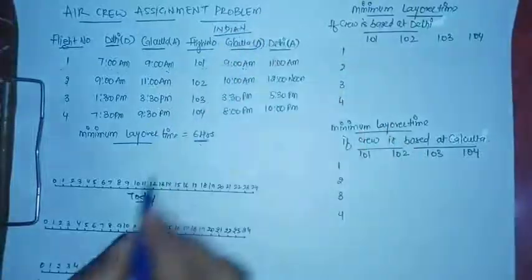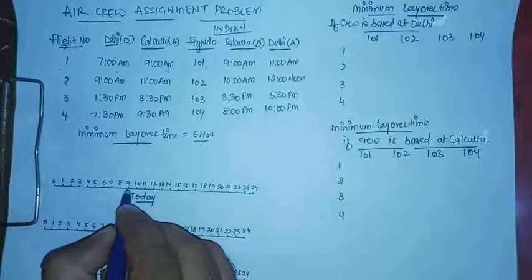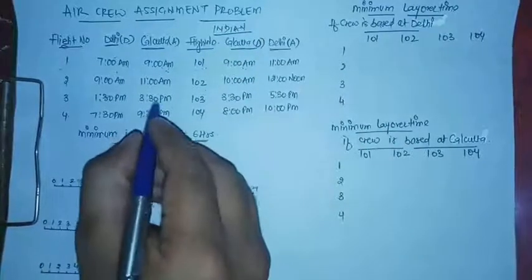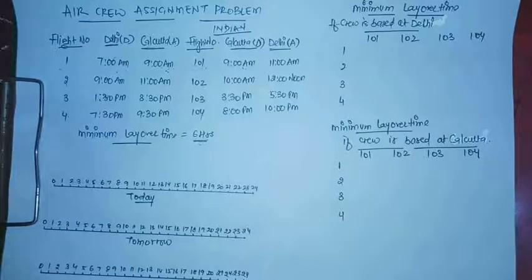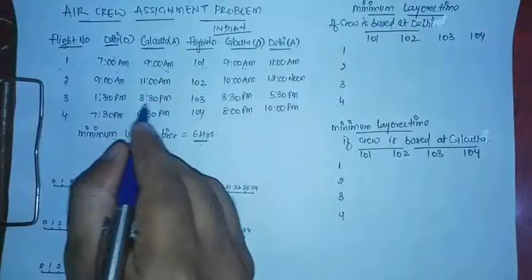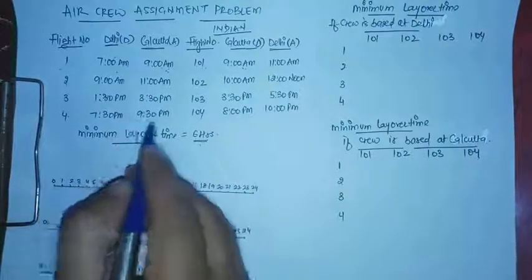Okay, so they had arrived at 9, and here 3:30, and you will have to convert into the 24 hour format. So that will be 12 plus 3, 15:30, 12 plus 9, 21:30.